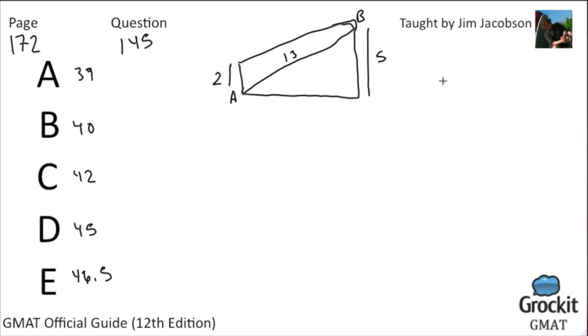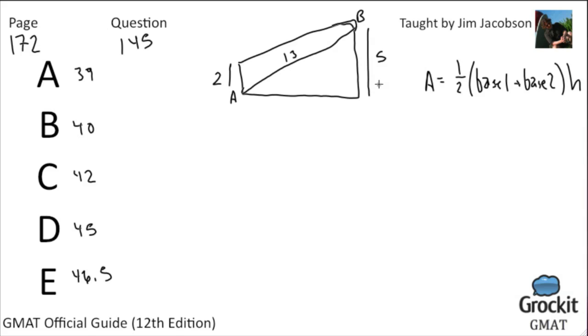The important thing to know here is that there's an actual formula for the area of a trapezoid, which really is a matter of breaking it down into two triangles, but the formula shortens things up a little. So the area of the trapezoid here is going to be 1/2 base 1 plus base 2 times the height.